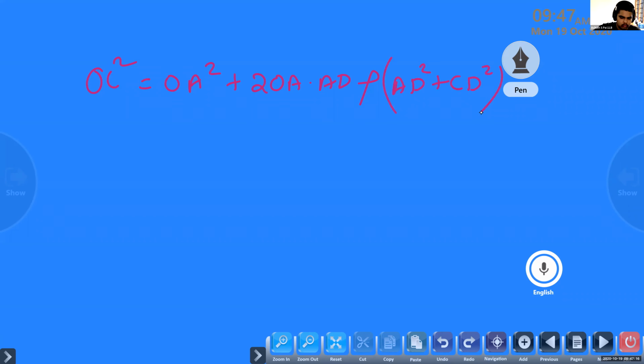From the diagram we have AC square equals AD square plus CD square. Substitute that there. So OC square is equal to OA square plus 2 OA dot AD plus AC square.